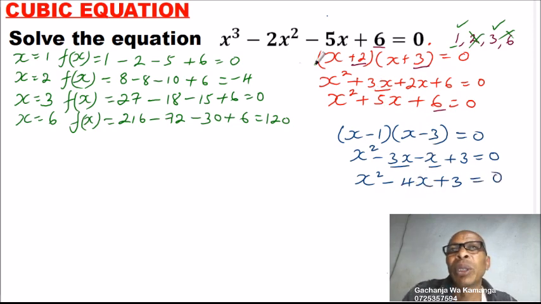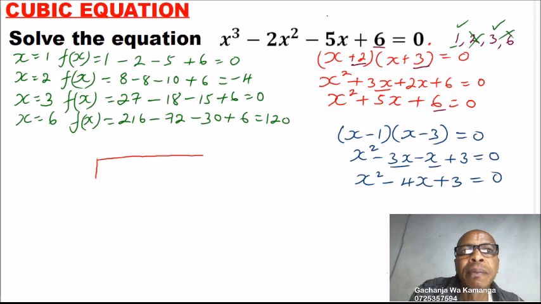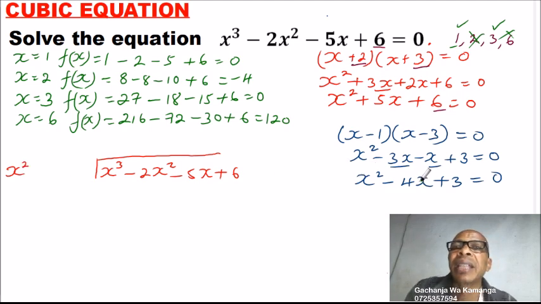Now, to get the other factor, since this is a cubic function, what we do is divide our cubic equation, x cubed minus 2x squared minus 5x plus 6, by this quadratic, which is formed by two factors of our cubic equation: x squared minus 4x plus 3.